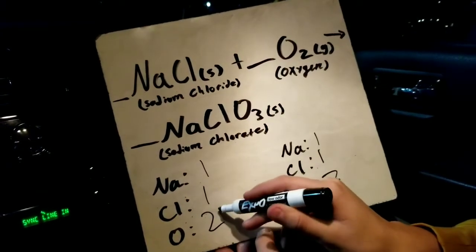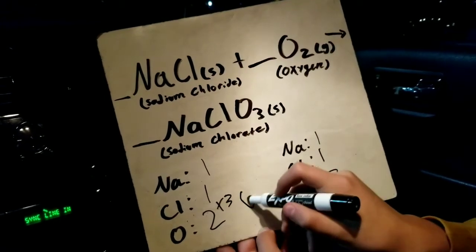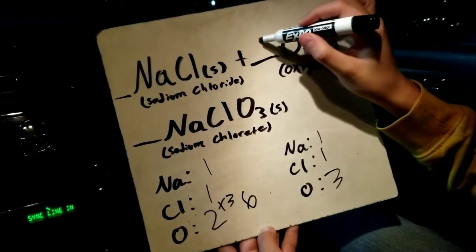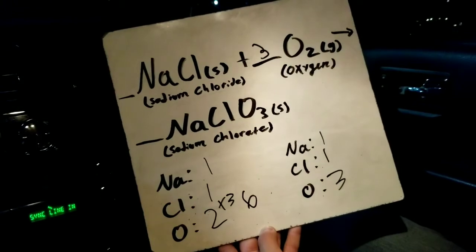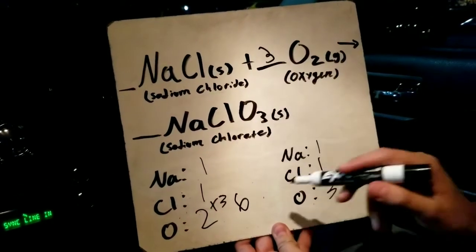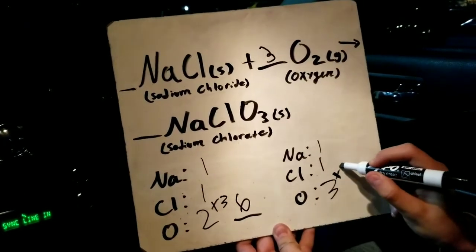So we're going to multiply this atom by 3 to form 6. We're going to write that up here and multiply it by 3. Right, so now our second step is going to this oxygen atom and making it equal the 6 that we have by multiplying it by 2.